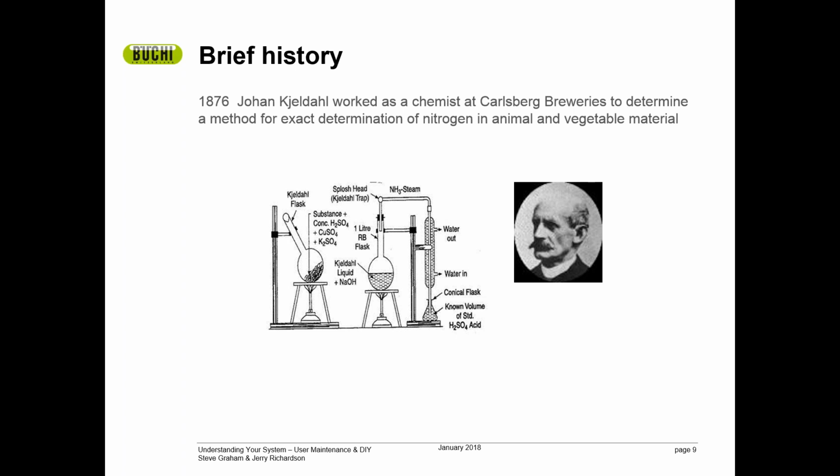He worked at the Carlsberg Brewery in Denmark, and in the 1880s he was tasked with finding a method to look at protein in vegetable matter, such as grains. So he came up with a method for doing this, and we call it the Kjeldahl method. The important thing to know is this was in 1880, and it is still the primary method for nitrogen analysis.